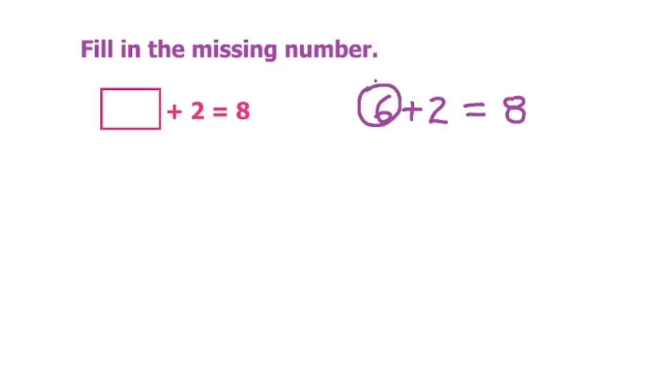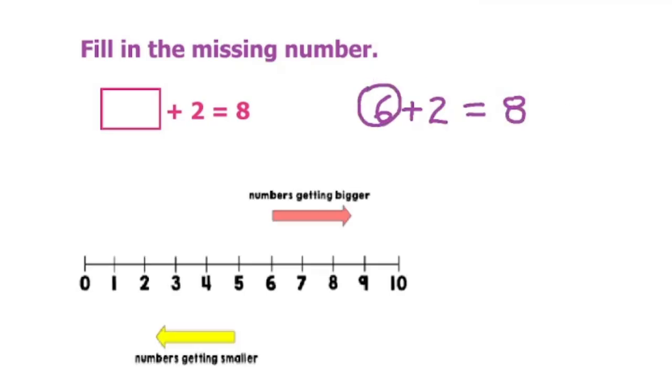But if you don't remember that fact, that's okay. You could just use a number line. And remember that numbers get bigger if you go this way, and numbers get smaller if you go this way. So for us, numbers are going to get bigger because we're adding, right?